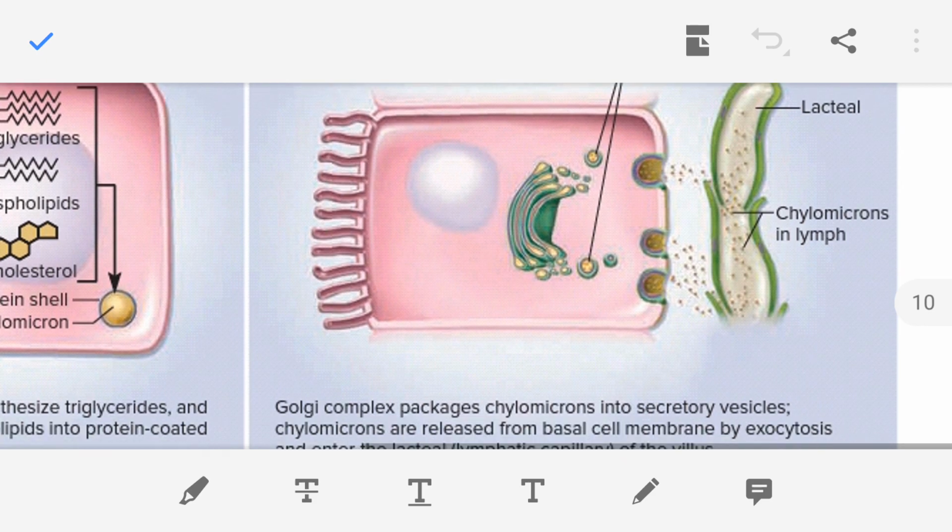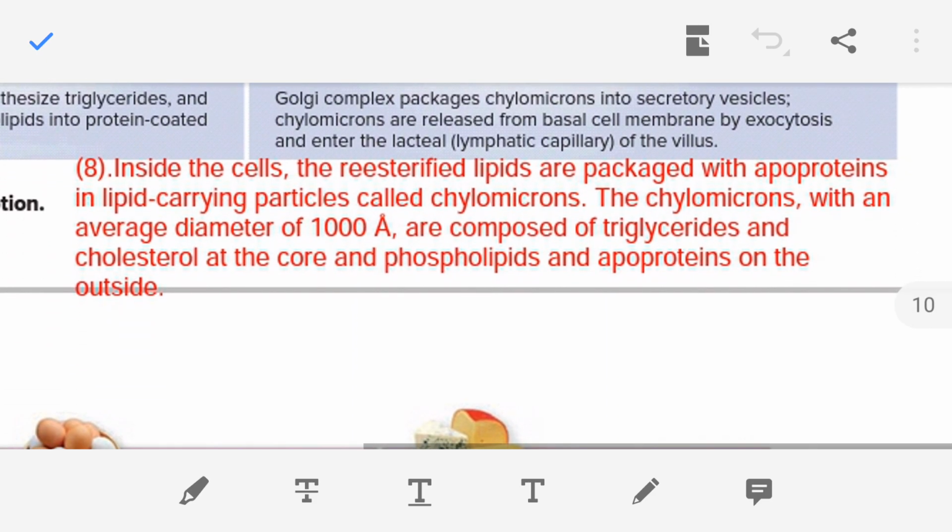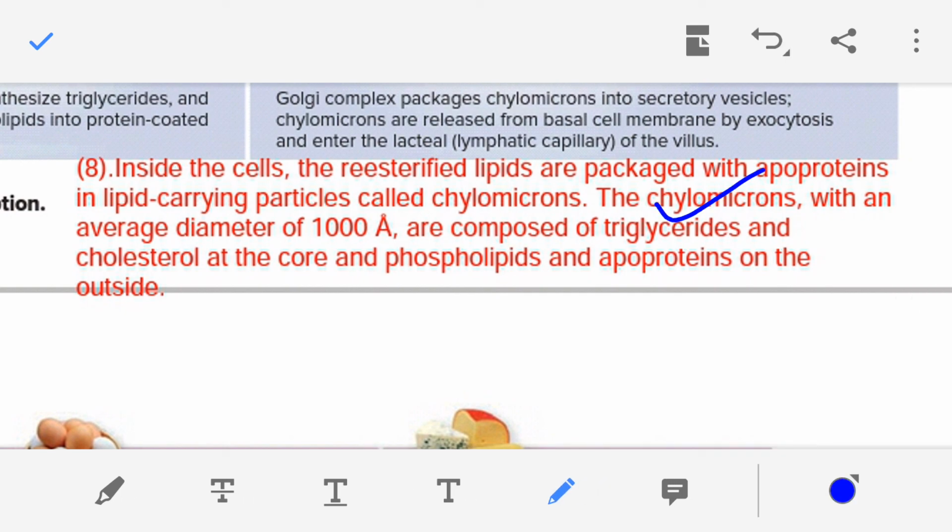So with the figure I will explain the structure of chylomicron. When you look into the figure, then you will understand what the chylomicrons are and how they are formed.